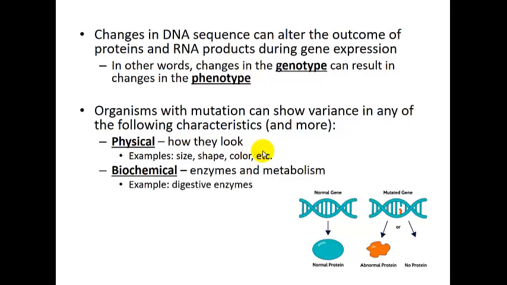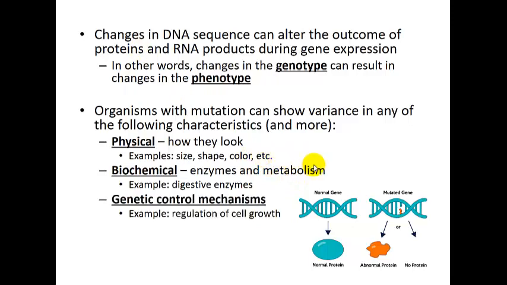More abstract, beneath the surface, are biochemical changes. These could be things that occur in our digestive enzymes, the way our body absorbs or manages vitamins. The difference is in the rate of metabolism. All these things can be subtly affected by changes in the proteins that make up our biochemistry.